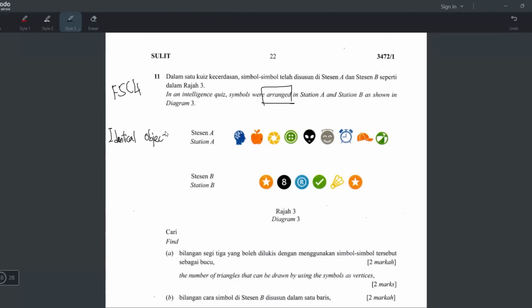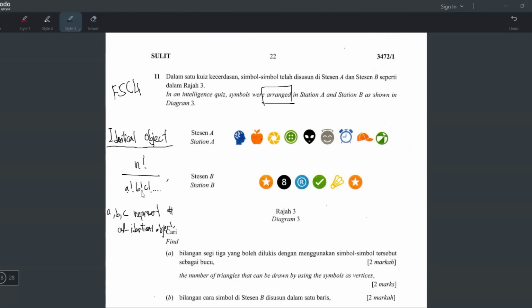So untuk identical objek secaman, dia punya formula adalah n factorial divide with a factorial, b factorial, c factorial, and so on, where the a, b, c represent the number of identical objects. Contoh, kalau ada 2 identical object, then you bahagi 2 factorial lah.